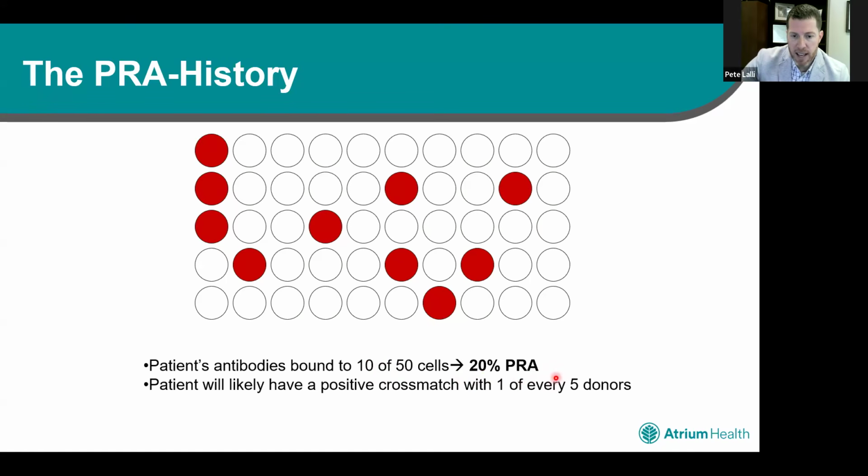So what that said to us then is the lower the number, the more likely it was that a graft for a potential recipient was going to be okay for them. So a low number is good, a high number is bad. The higher the percentage, the more likely it is that this recipient is going to have a positive cross-match against any given donor that's out there. So in this case, a 20% PRA led to 1 out of every 5 donors being unacceptable for them.